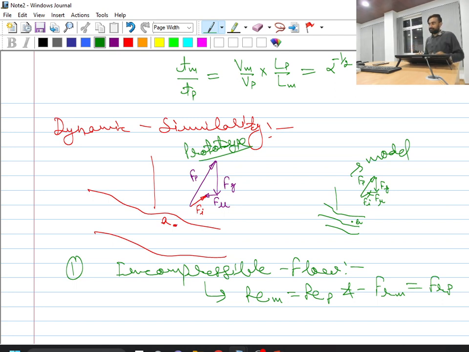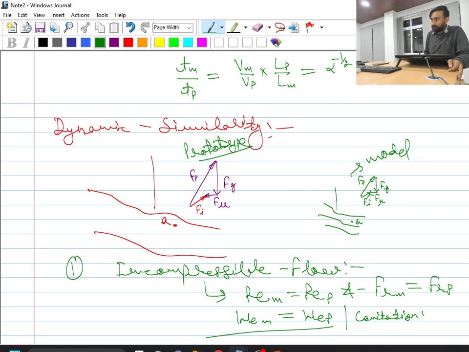Weber number. So the Weber number of the model should also equal the Weber number of the prototype. Is this point clear? If cavitation is also important, though the flow is incompressible, then the Euler number, or cavitation number, should also be equal. For ensuring dynamic similarity, the cavitation number should also be the same.